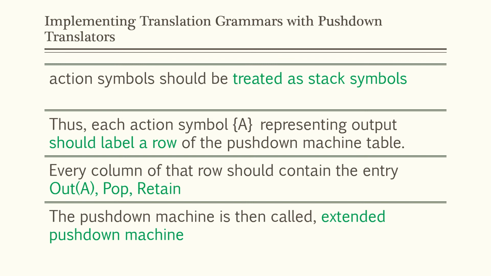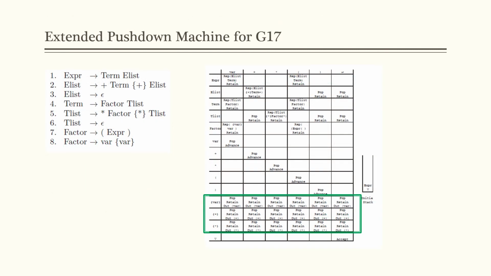The pushdown machine is then called an extended pushdown machine. Here is an example of an extended pushdown machine for G17, grammar 17. We have a translation grammar here.